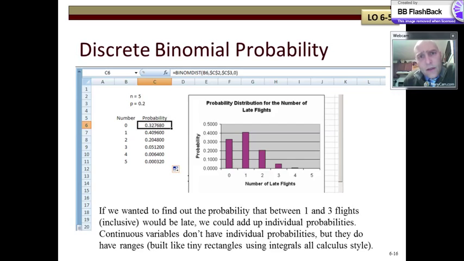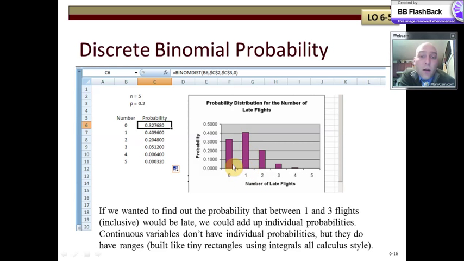Let's think back to when we were talking about discrete probabilities. This comes from chapter 6. If we wanted to determine the likelihood that between 1 and 3 flights inclusive would be late, all we'd have to do is add up the heights of each of these bars. The random variable x across the axis indicates 0 late flights, 1 late flight, 2 late flights.